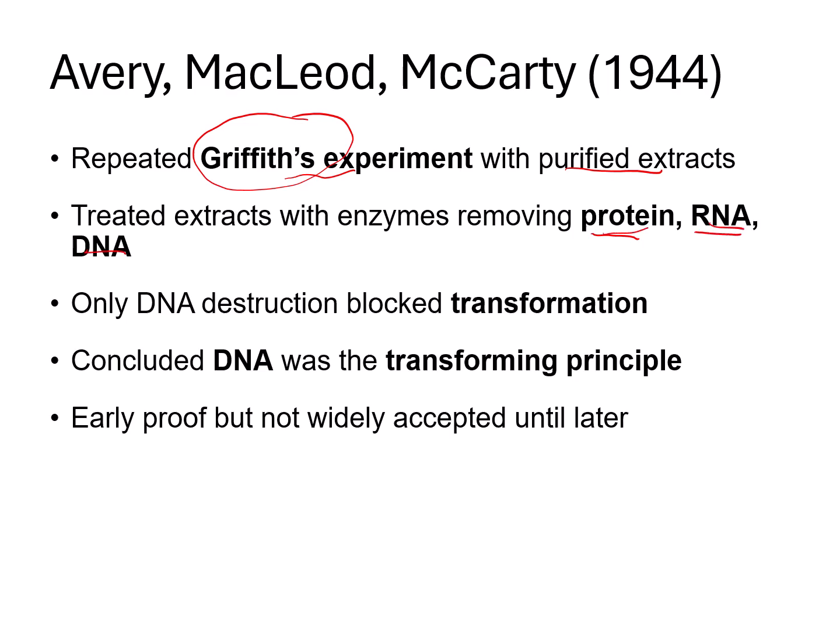And they found that only when they destroyed DNA, that would block the transformation of live R to live S strain. So they concluded it must be DNA that was the transforming principle, that was converting the live R to live S.